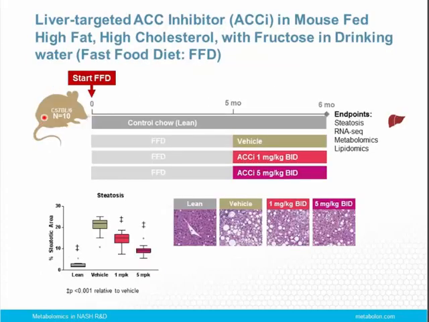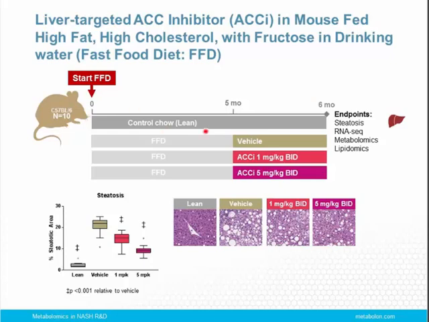So as I mentioned, the model is mice treated with what we call the fast food diet, and then treated from months 5 to 6 with either vehicle or acetyl-CoA carboxylase inhibitor. And I didn't mention before, but this acetyl-CoA carboxylase inhibitor is liver targeted, and all of the endpoints I'll be showing you have been measured in liver.